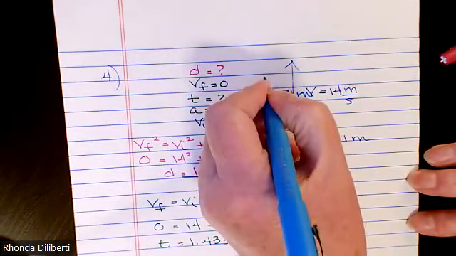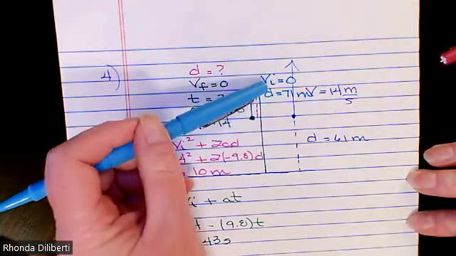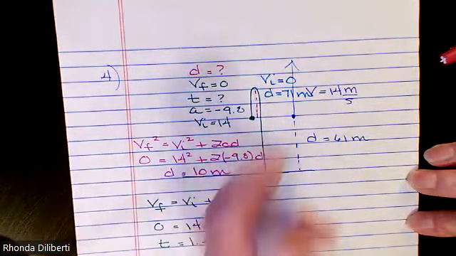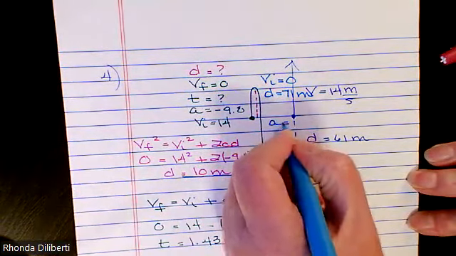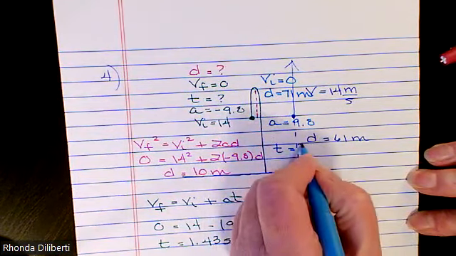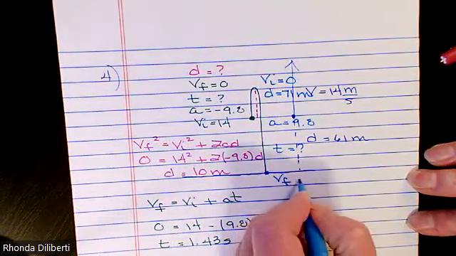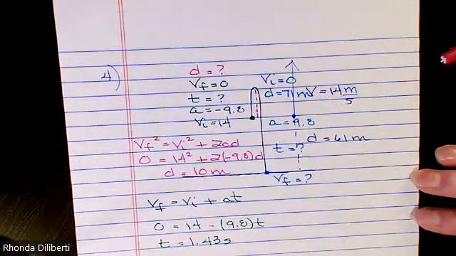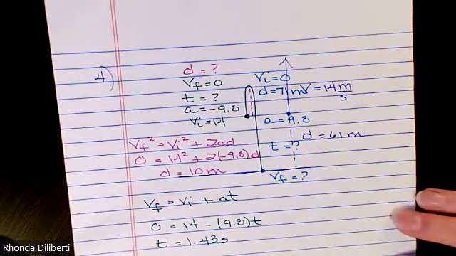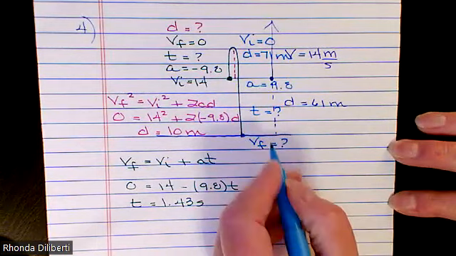On the falling down side, it's going to start with an initial velocity of 0, and it's going to fall for these 71 meters. It's going to pick up speed due to the acceleration. It's going to take some time to fall, and it's going to hit the ground with a final velocity we don't know. So we don't know the time and we don't know the final velocity. Let's work on the time.